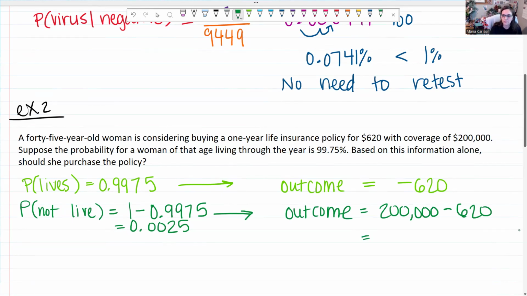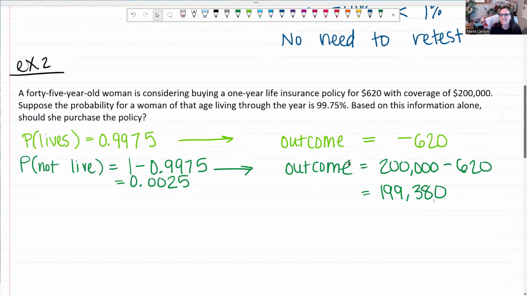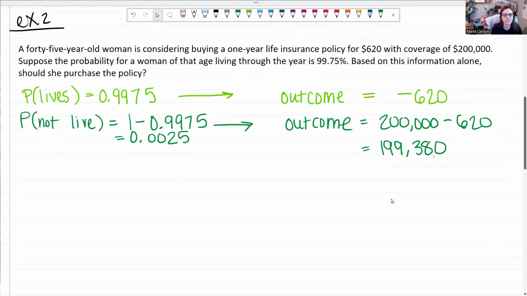So her outcome is $199,380. So we really need to calculate the expected value of this insurance policy. Based on the probabilities we have, what is she expected to profit or lose from this situation?